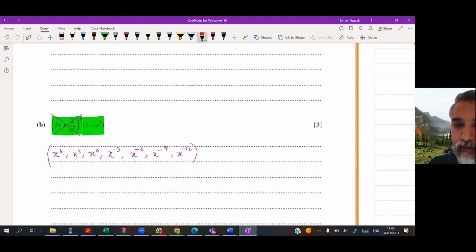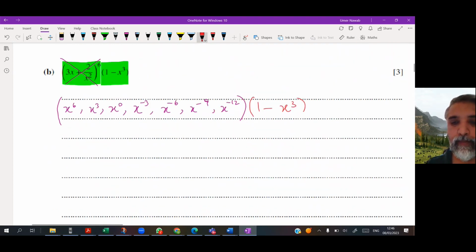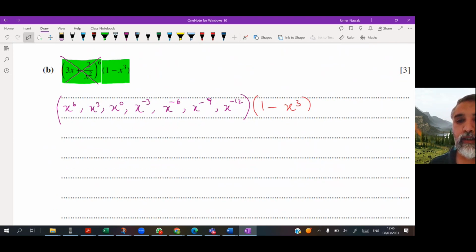Just right here, 1 minus x cubed. Now, guys, check how you can get it with the multiplication of two brackets. We have a chance of getting x power 0. So 1 multiplied with x power 0.